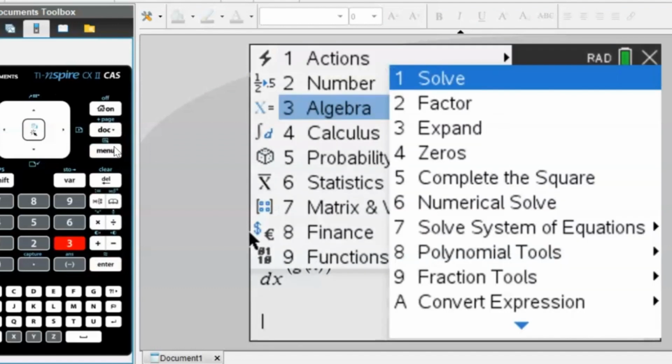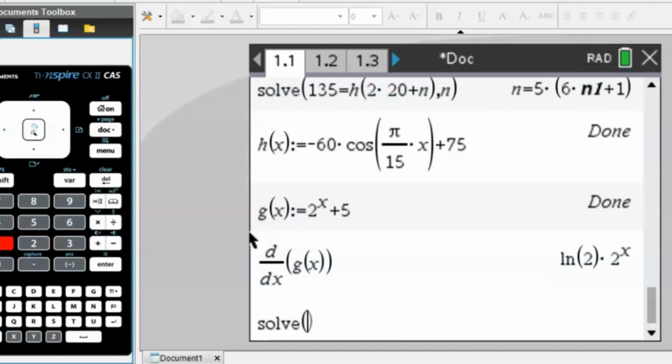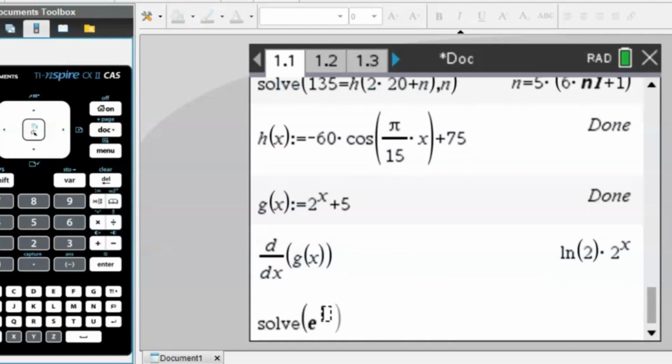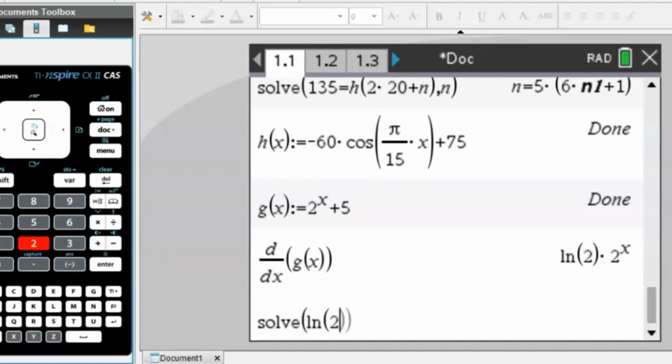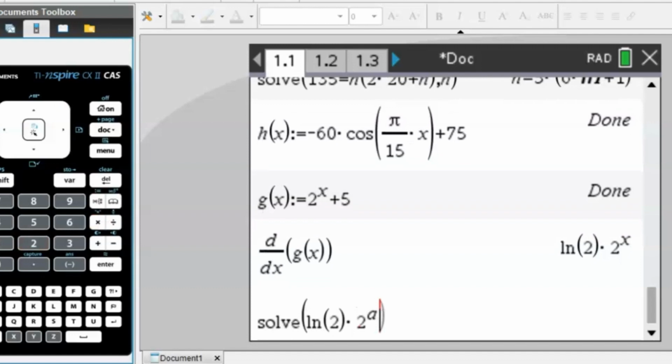The natural log of 2 times 2 to the power of a, times, in brackets, x which is 0, so minus a, plus 2 to the power of a, plus 5, equals 0.